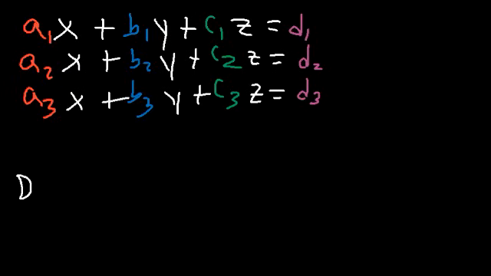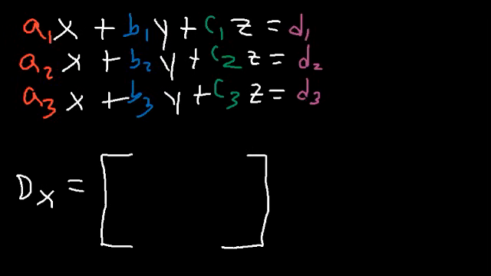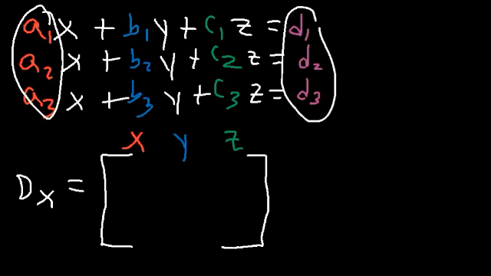So now dx, how can we set up the 3x3 matrix for dx? The first column is associated with x, the second column is associated with y, and the third column is associated with z. So if you want to find dx, replace the coefficients of x with the stuff that's across the equal sign, d1, d2, d3.